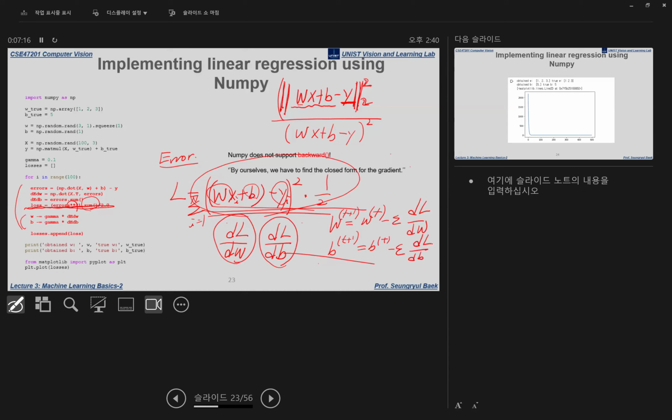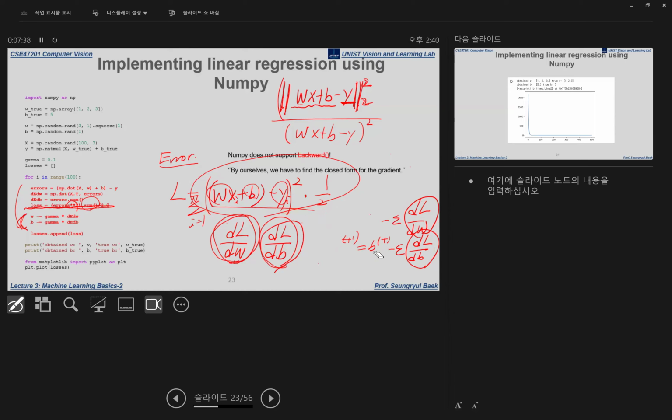Do you agree with this? So we have to calculate this, and then implement this formula. And here, these two lines of code are implemented for calculating these two values.